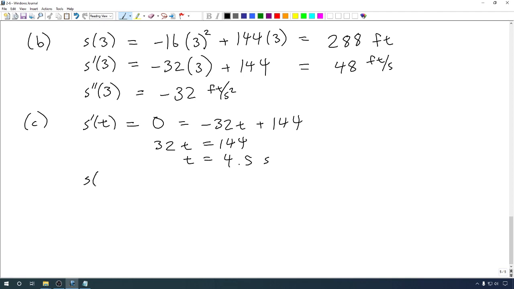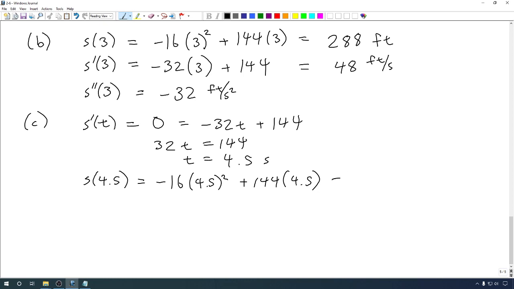Now they do want us to tell them how high it is at that point. All we have to do is plug in our value for t into our original distance function. So negative 16 times 4.5 squared, because that's our t squared. Then we have plus 144 times t, which is 4.5.